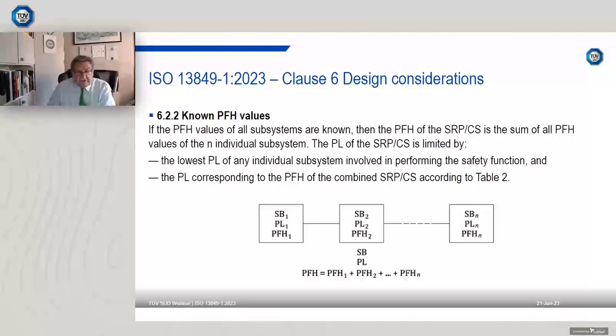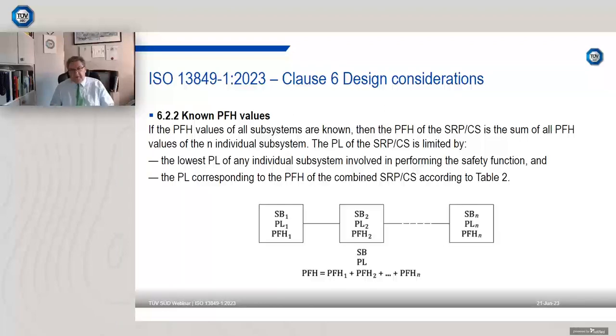And also in clause 6, this concept again of this subsystematic approach, it is clearly stated, clause 6.2.2, that for the PFH of a function, the PFH of a function is the sum of the PFHs of the subsystems that make up the function. So the clause is called known PFH values.